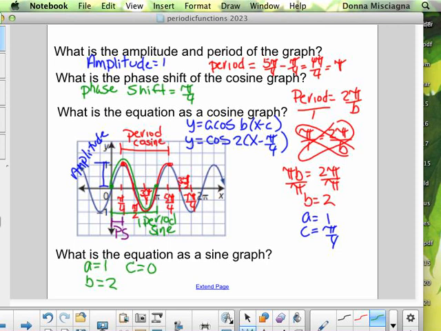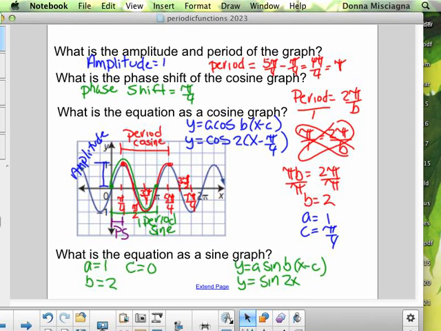So the equation would be y equals a sine b x minus c. We don't need the a of 1 or the c of 0. So this is just the equation y equals sine 2x. Right, a's and b's of 1, you don't need to write a coefficient of 1 in, and c of 0 does not need to be written in.